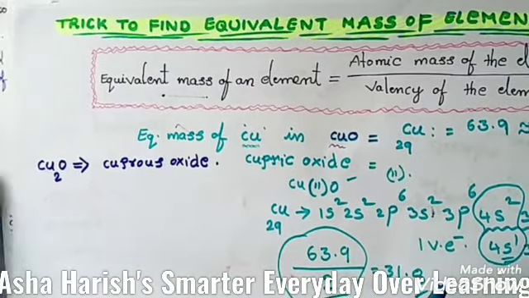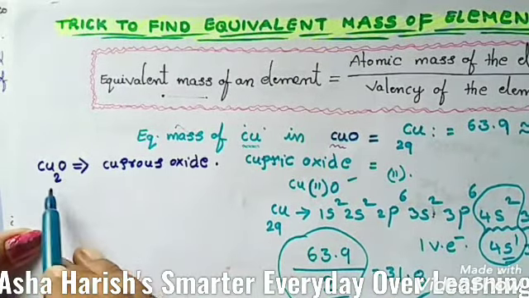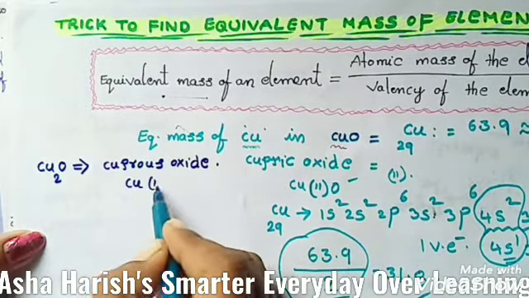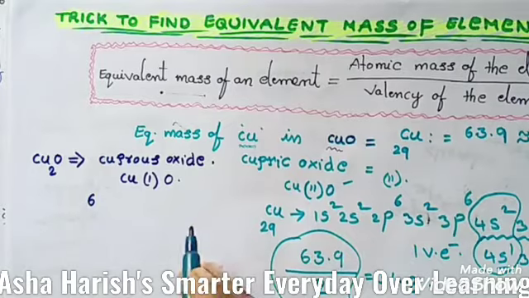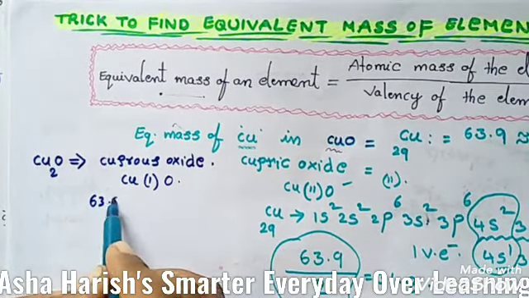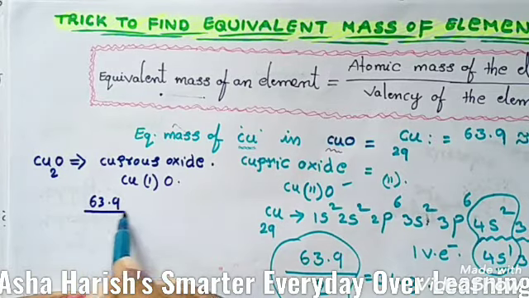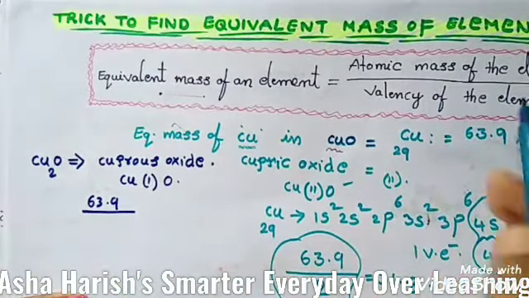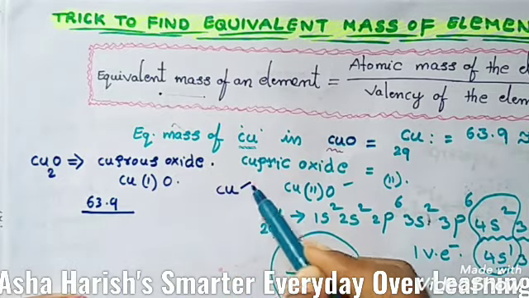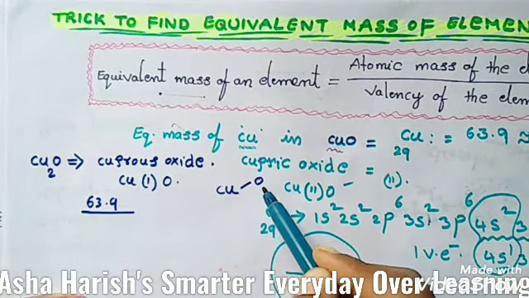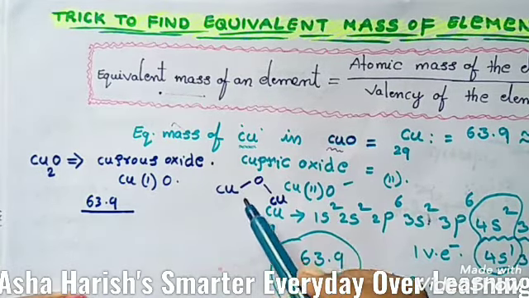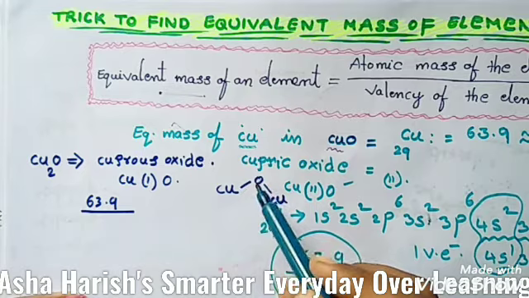In the next example, the equivalent mass of copper in Cu2O, that is cuprous oxide, also called copper 1 oxide. The atomic mass of this element is the same, 63.9, and for the valency: in Cu2O, each Cu forms only one bond with the oxygen.